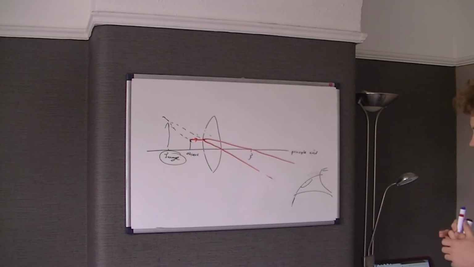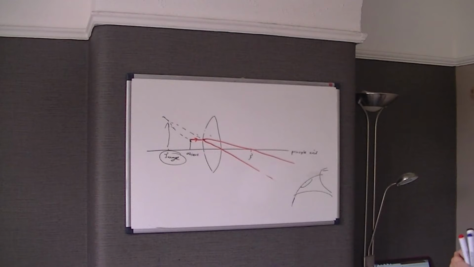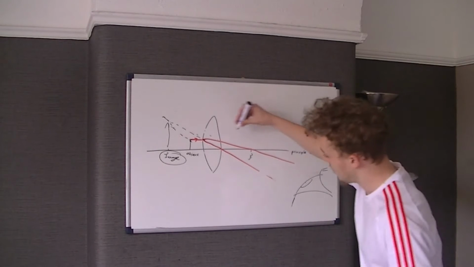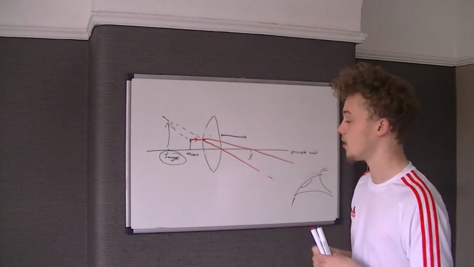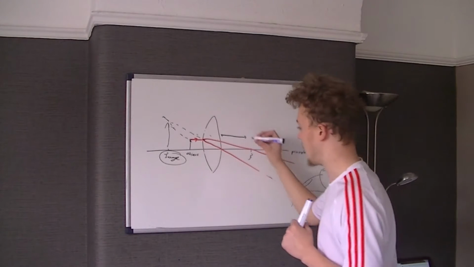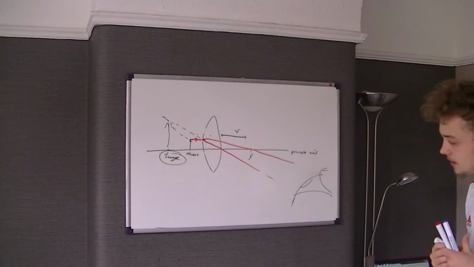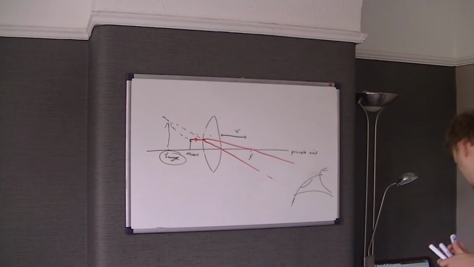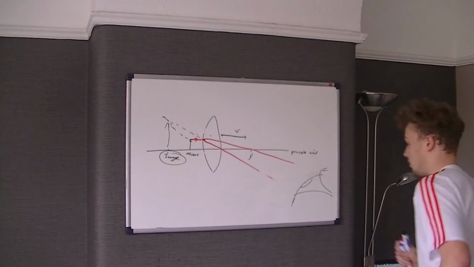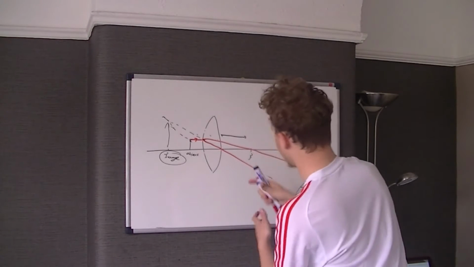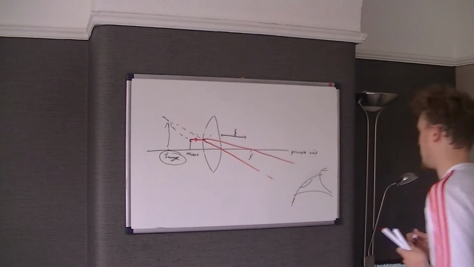But there are a couple of things we need to know on here before I talk about what this all represents. The distance between the focus point and the convex lens is known as little f. I do apologise.